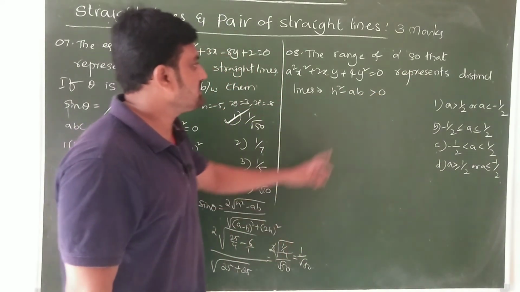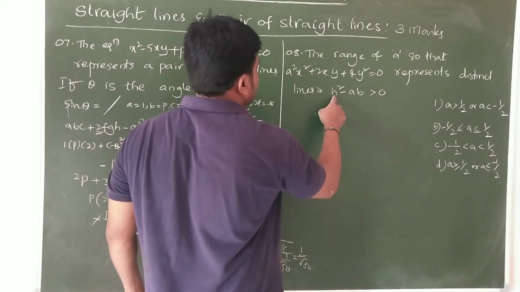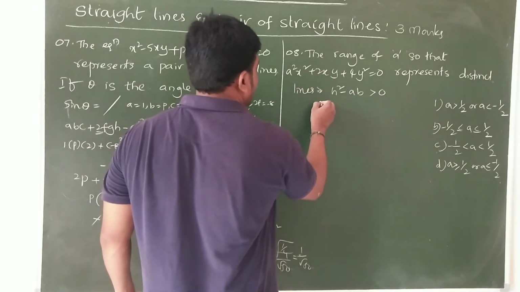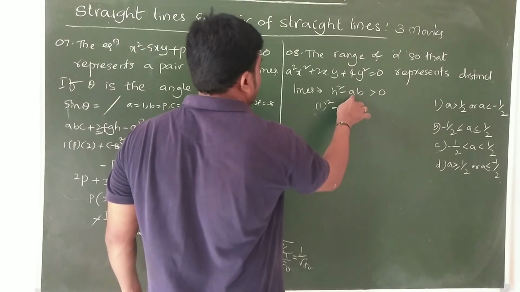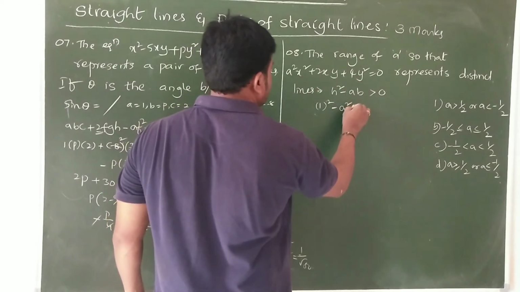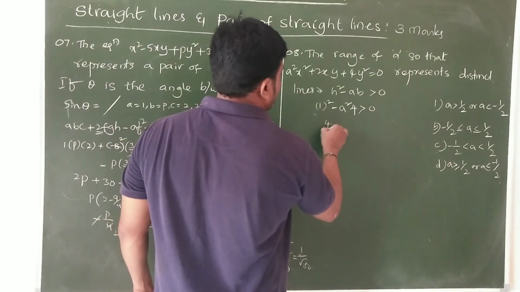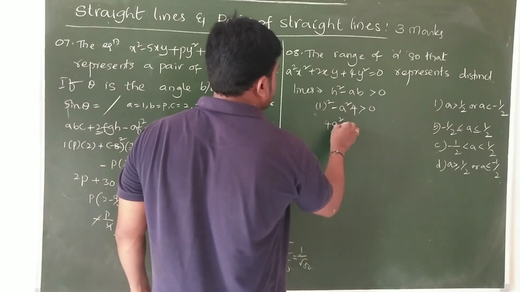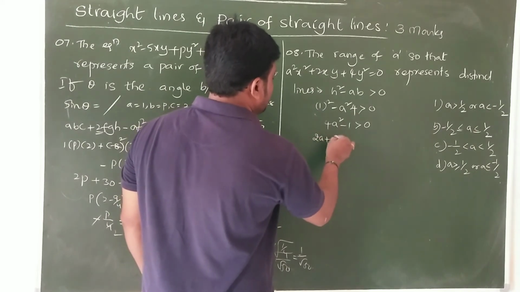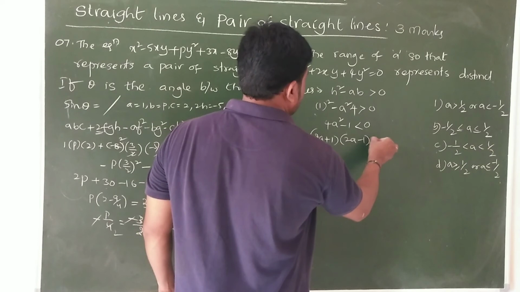These are the properties of a pair of straight lines. h is half of the xy coefficient, so 1 square, minus a, the x square coefficient, which is a square, times b, the y square coefficient, which is 4, greater than 0. So it is 4a square minus 1 greater than 0. Then 2a plus 1 into 2a minus 1 greater than 0.